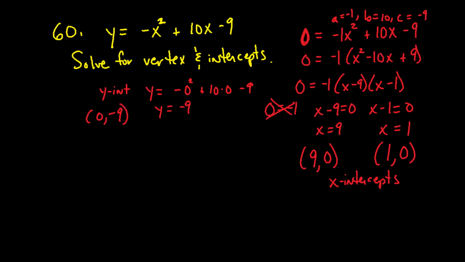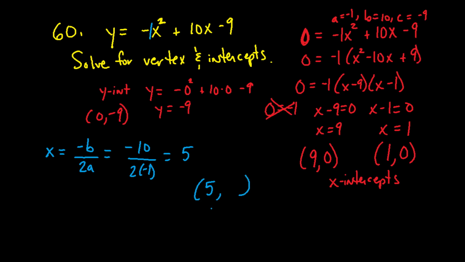Next, they wanted us to find the vertex. So the x-coordinate of the vertex is always found by negative b over 2a. That's the formula. Since a is negative 1 and b is 10, we get negative 10 over 2 times negative 1. Negative 10 divided by negative 2 is 5. So the x-coordinate of the vertex is 5.